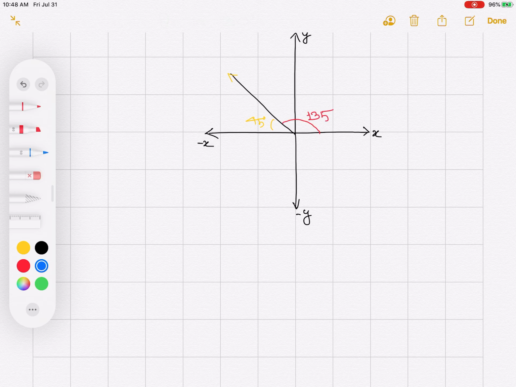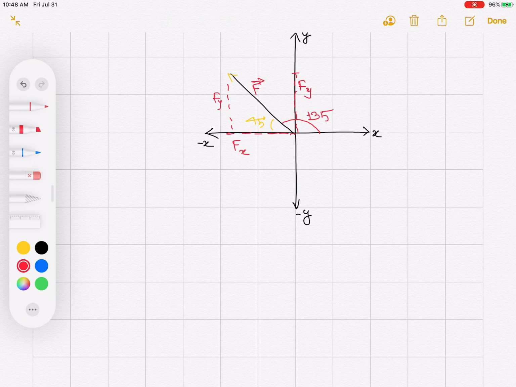If I resolve this, this is the x component of this vector. Suppose the vector is 2 Newton. So this is the component along the x-axis, and this is the y component.